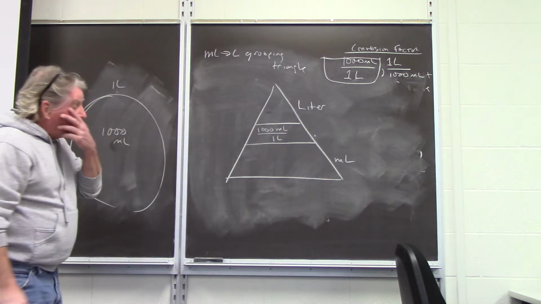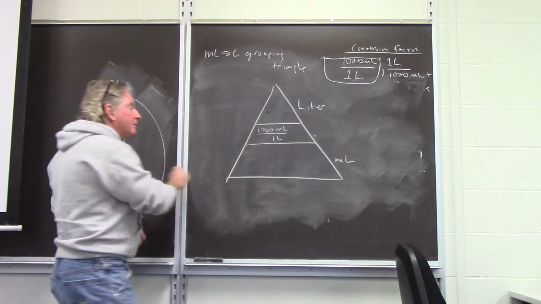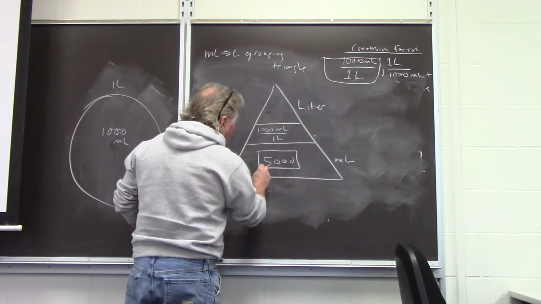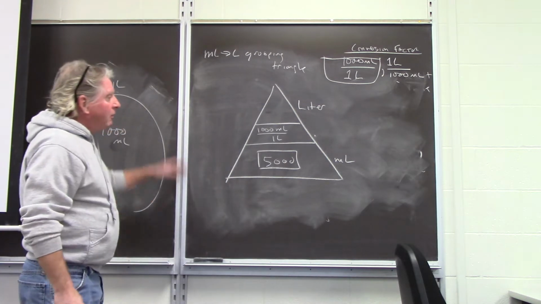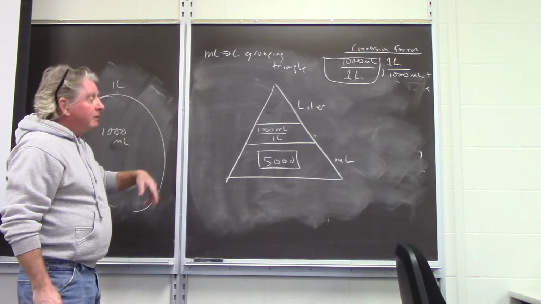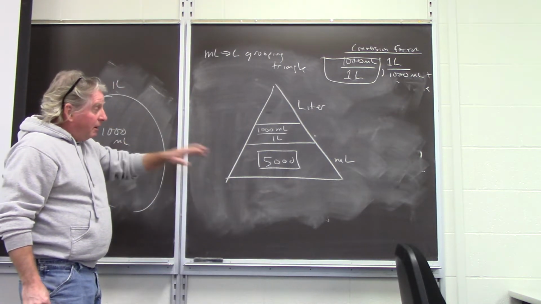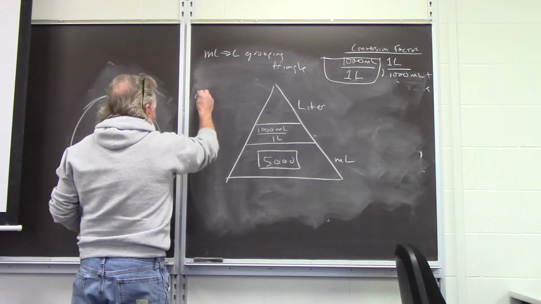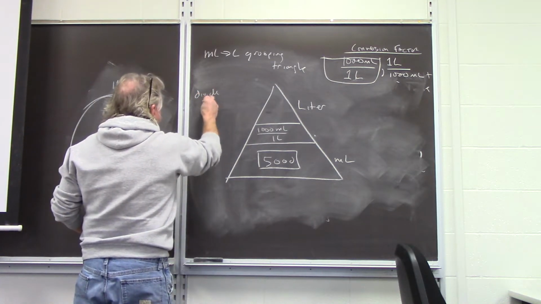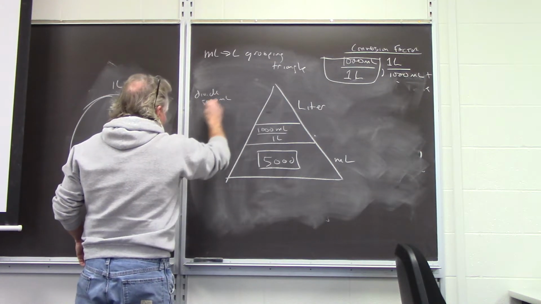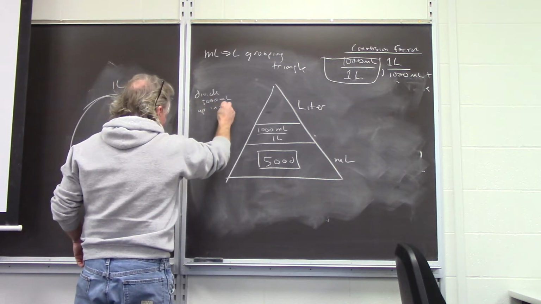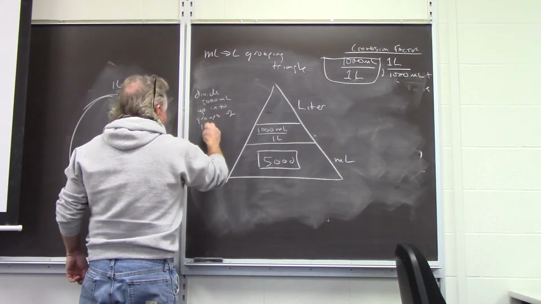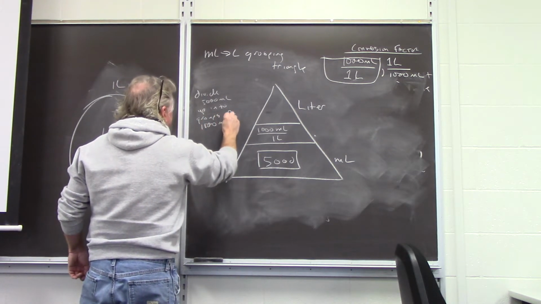Okay, and so again, I start out with 5,000 milliliters. All right, so what I'm going to do is divide 5,000 milliliters up into groups of 1,000 mils per liter.